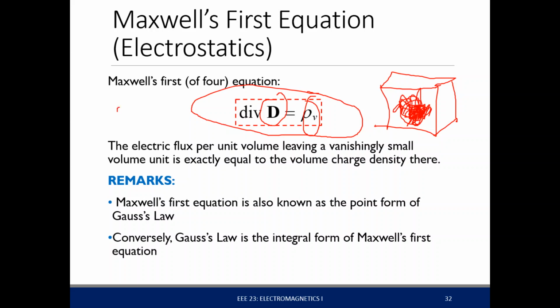So basically, if this is your volume charge density, at this point P, if the divergence at this point is positive, then there is more flux going out of the point than the number of flux lines going into the point, making it a source.